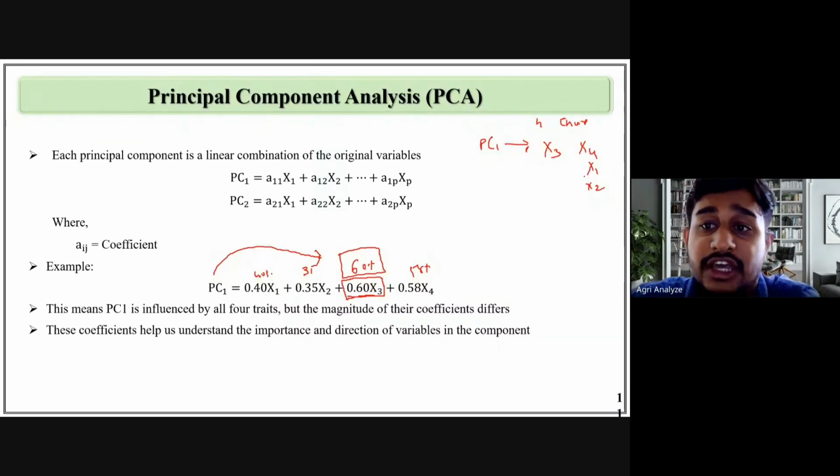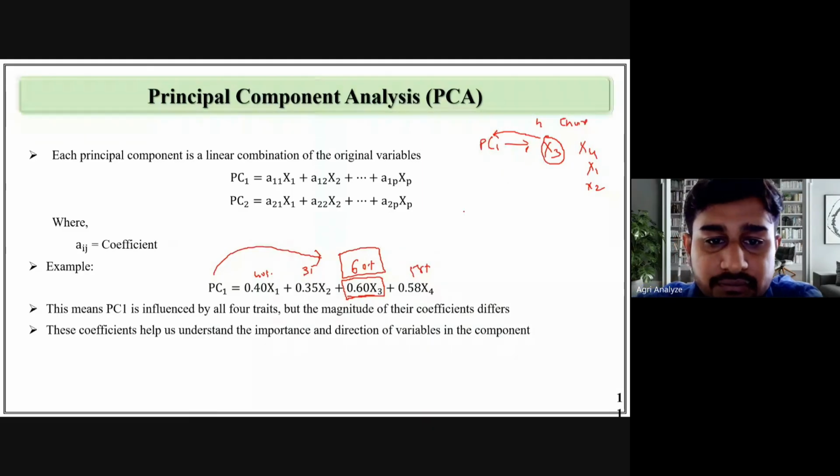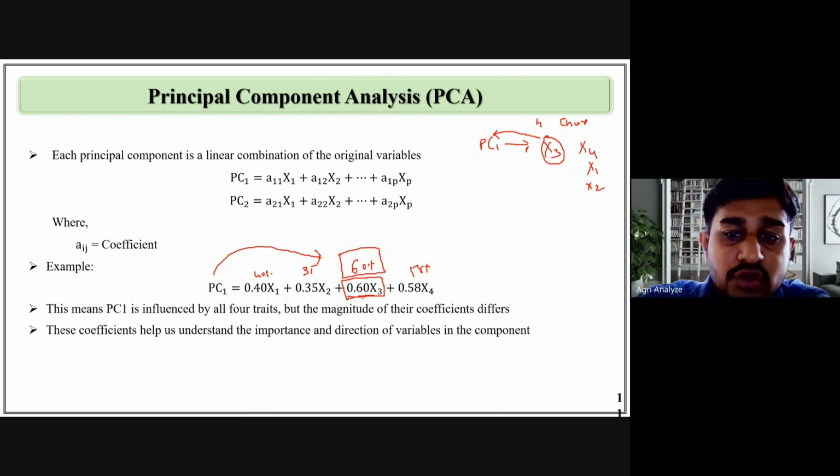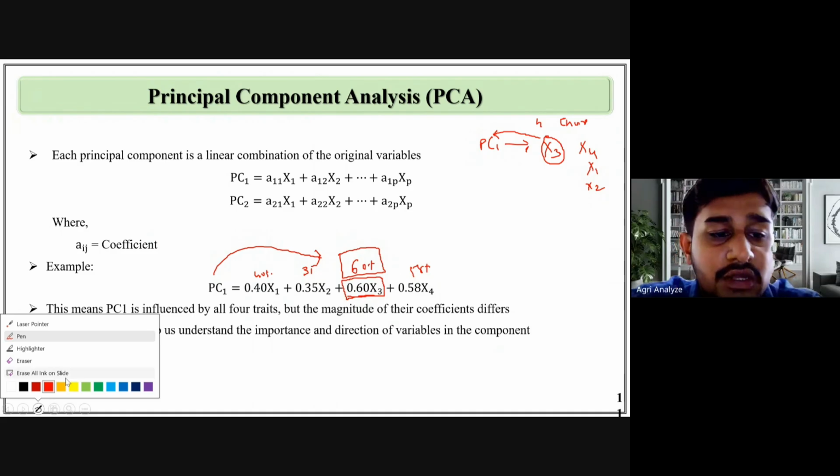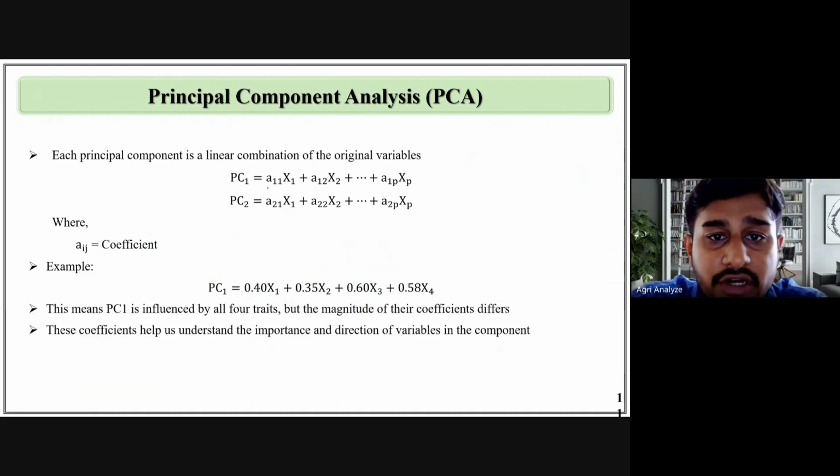It means the x3 variable is responsible for generating PC1, or generating the new axis of our data. So this coefficient shows the contribution of explaining variance out of 100 for PC1. Now you understand what the coefficient is for our traits for PC1.